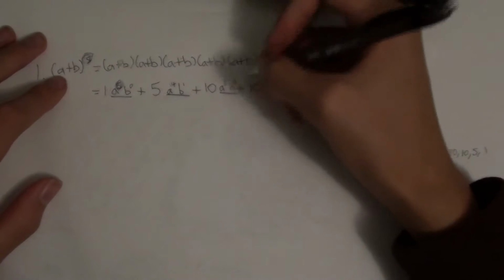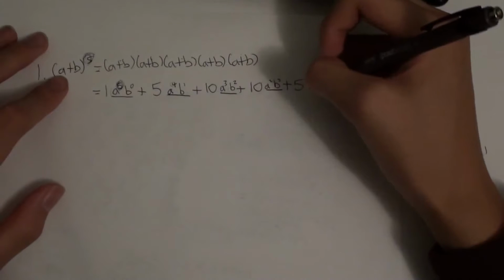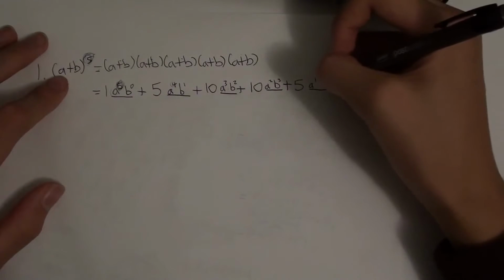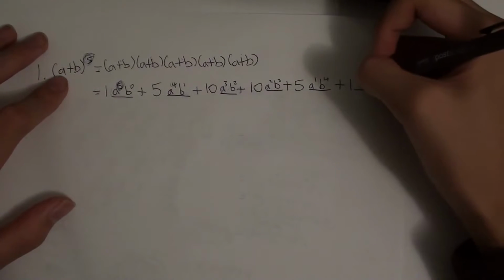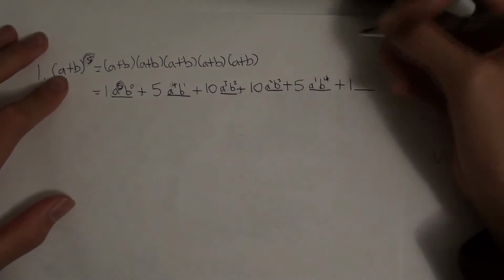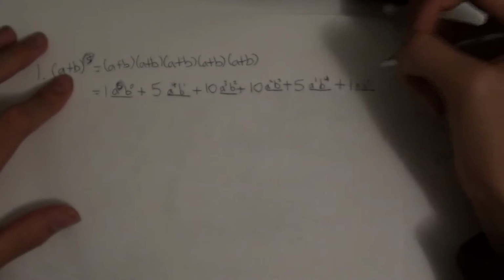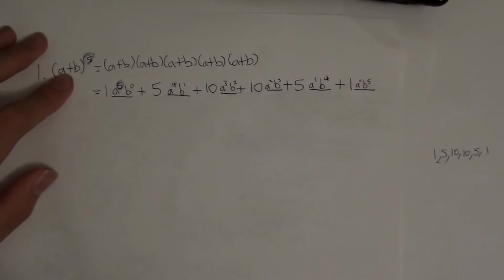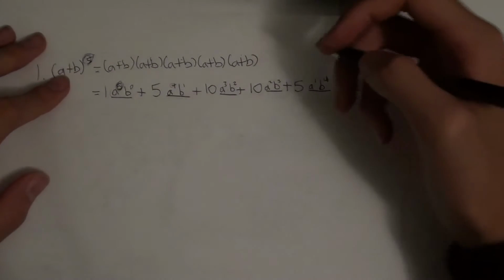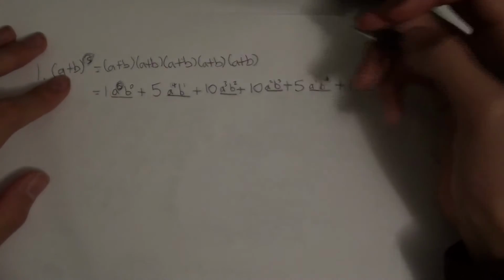I'm just going to speed through this because you understand the concept. I don't want to spend too much time on this. Just make sure that you understand this piece of knowledge. That's a 4, that's a 4, and b to the power of 5, a to the power of 0, sorry.